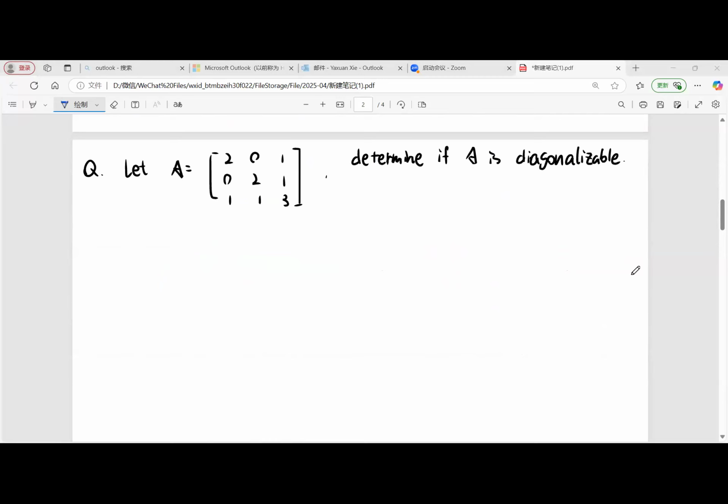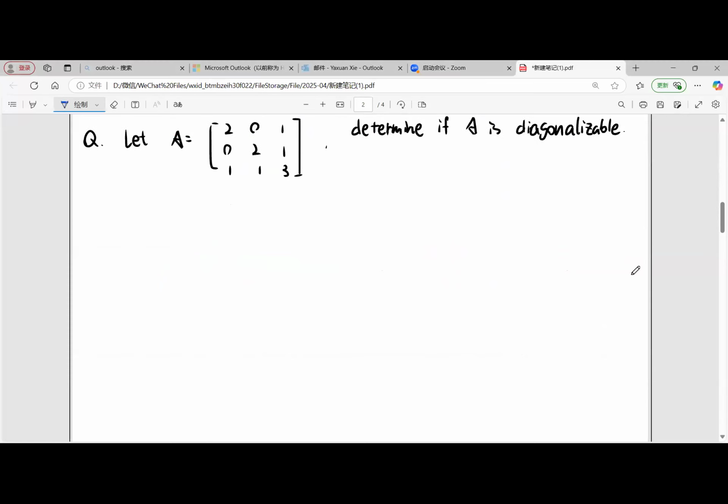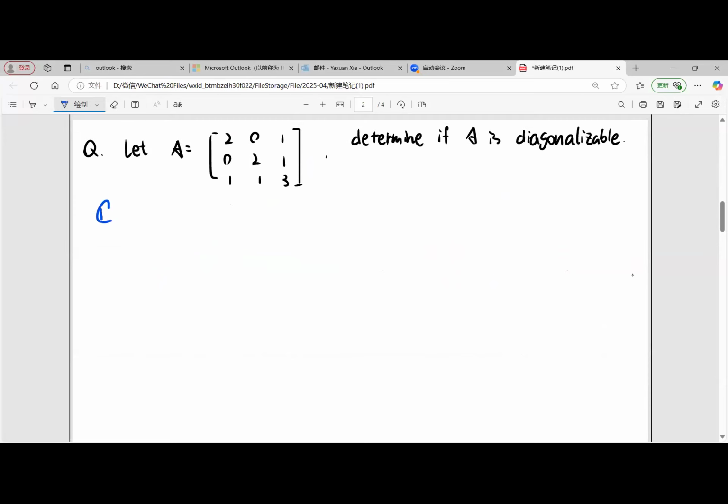Okay, so to determine if A is diagonalizable or not, we need to do 3 steps. First step, we want to find the eigenvalues. Then we want to find the eigenspaces, or eigenvectors.